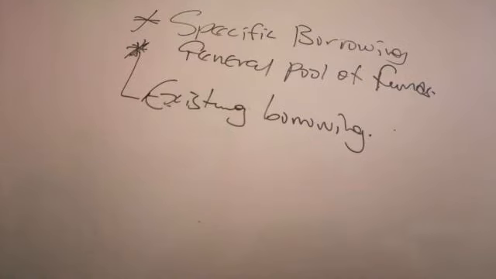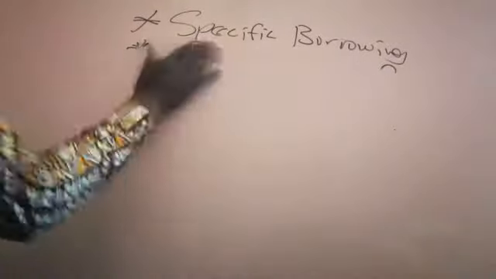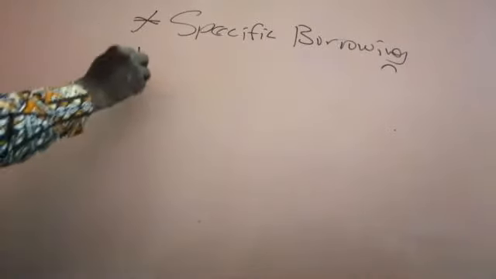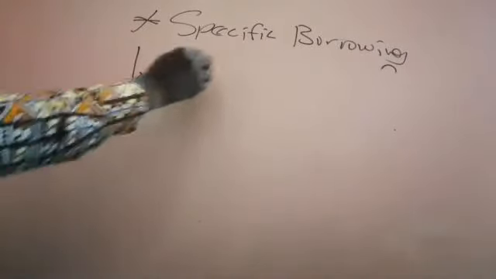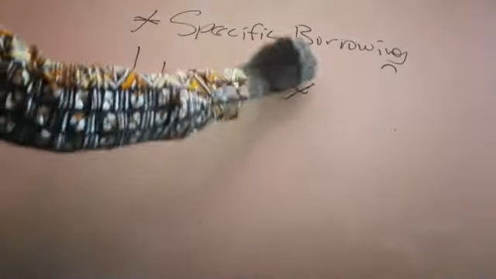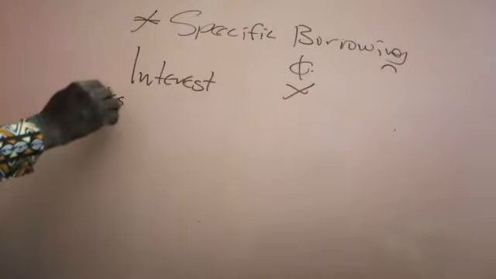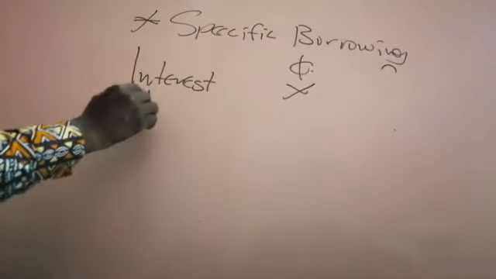Now let's look at how to ascertain or calculate the borrowing cost if that type of borrowing is specific. So under the specific, you get the borrowing cost. Bring the interest that you are paying on the facility, interest so much, less investment income.